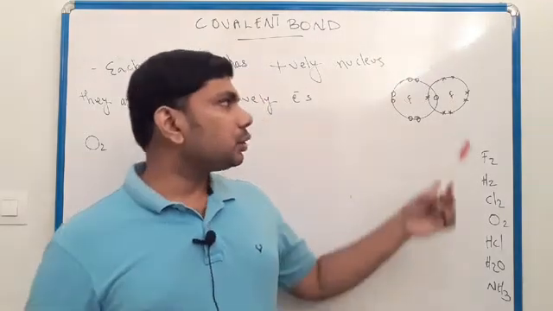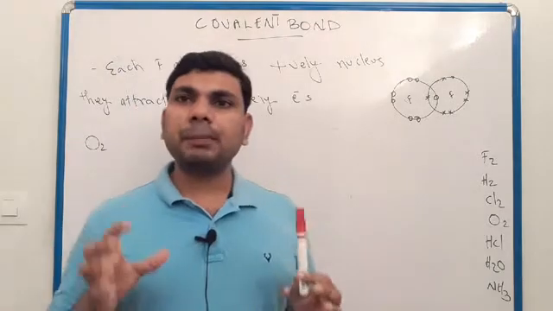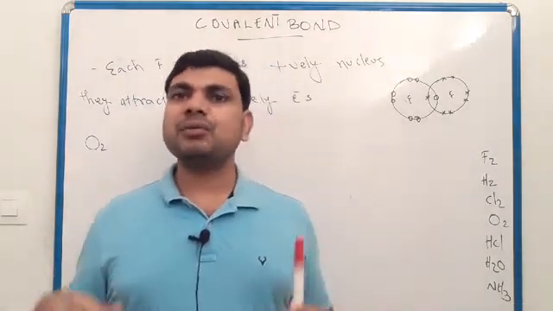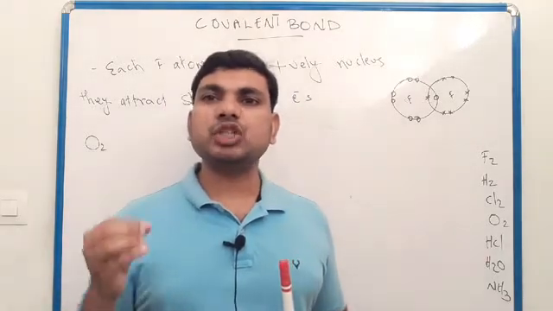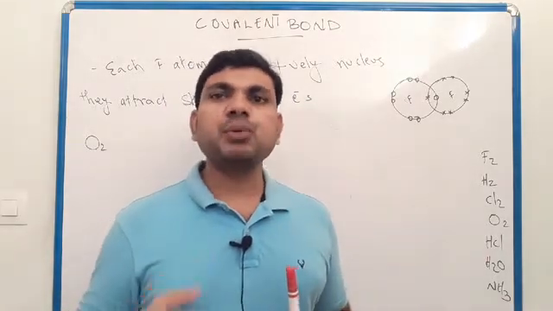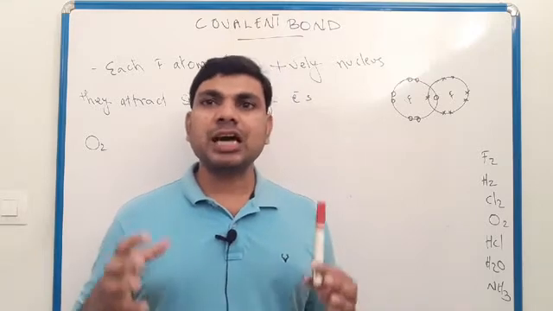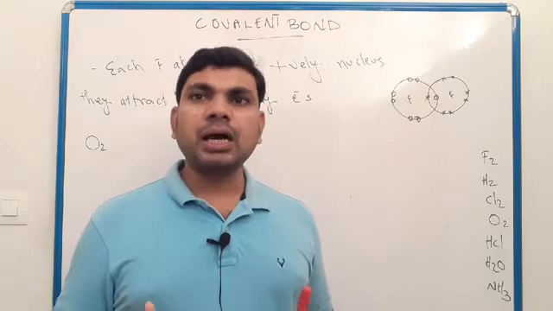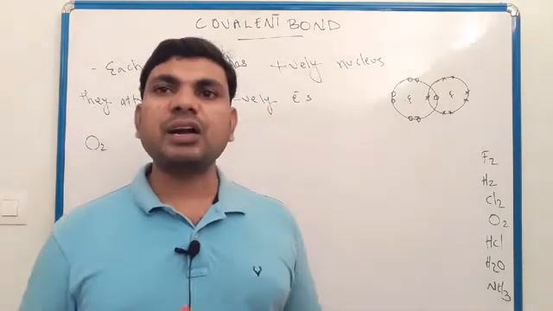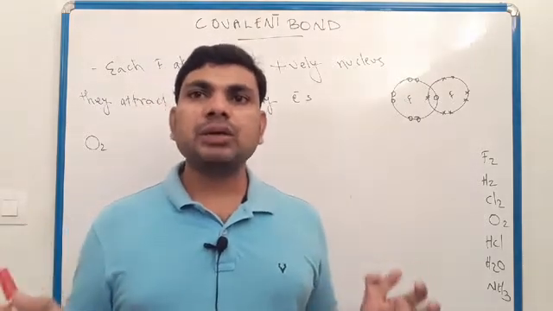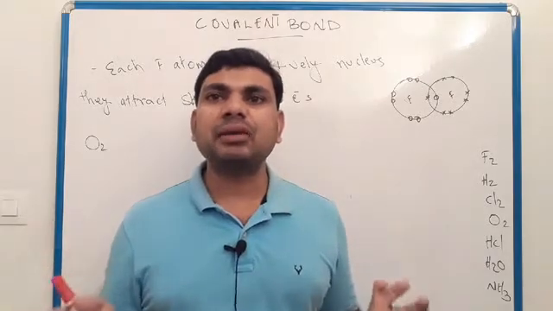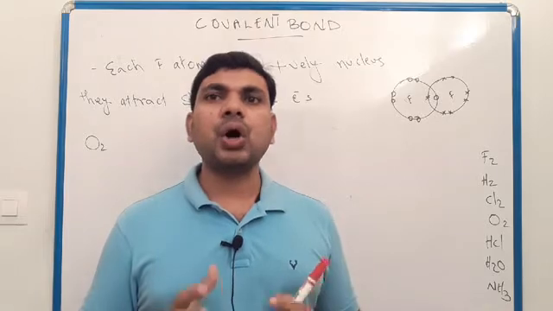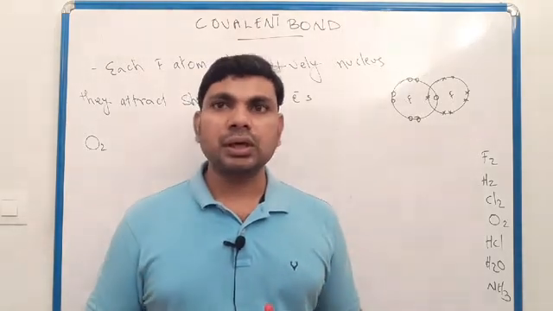Here two fluorine atoms share one pair of electrons. This positively charged nucleus attracts the negatively charged shared electrons, and there will be a force of attraction between each fluorine atom, and they will attract each other. This type of force of attraction is called a covalent bond.